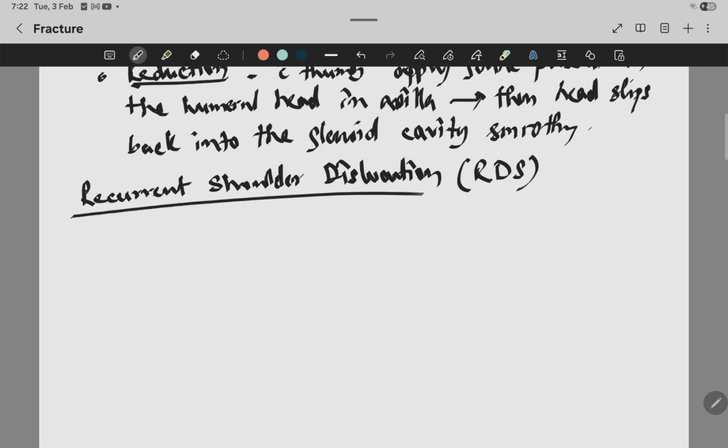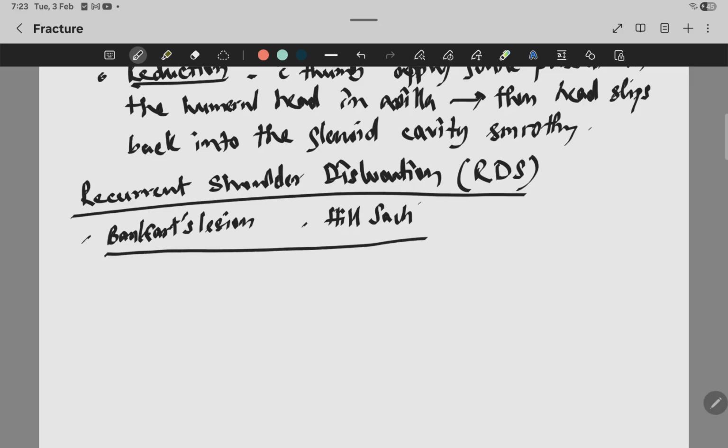In recurrent dislocation of the shoulder, mainly the Hill-Sachs lesion and Bankart lesion occur. If there is a Hill-Sachs lesion or Bankart lesion during recurrent shoulder dislocation, we have to go through surgical processes.